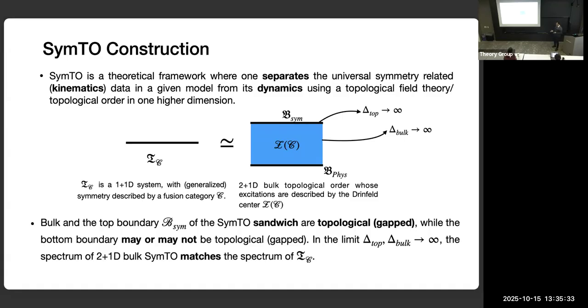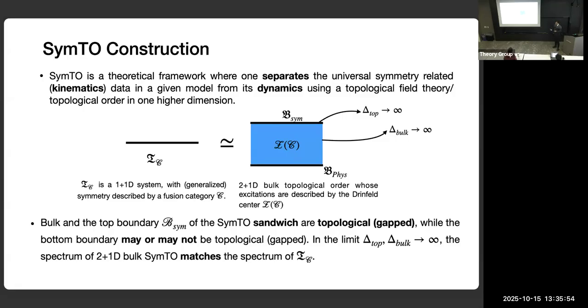The exact matching is that as the bulk gap and the top boundary gap go to infinity, or below those gaps, the excitation spectrum of this topological field theory should replicate the excitation spectrum of my theory T_C, or some sector of my theory T_C.